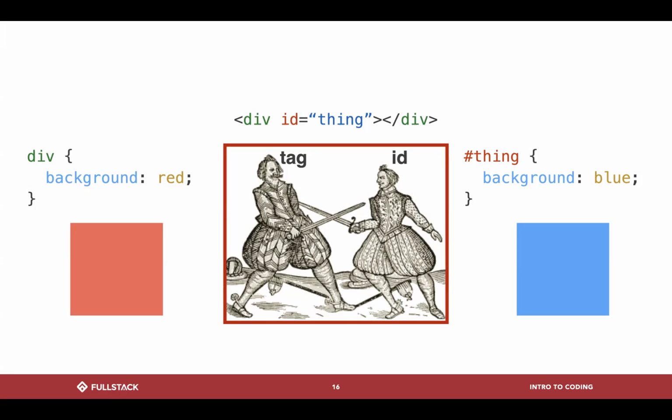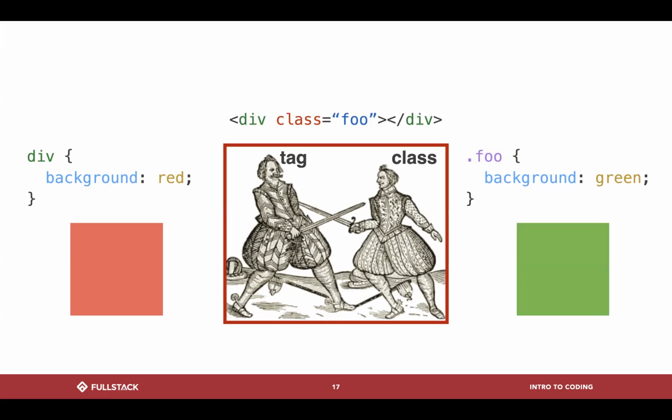So IDs, because they select one and only one element, are more specific than all divs. So this set of rules about which one is going to win out is known as specificity. The way you can think about it is which one of these is affecting a more specific set of elements.